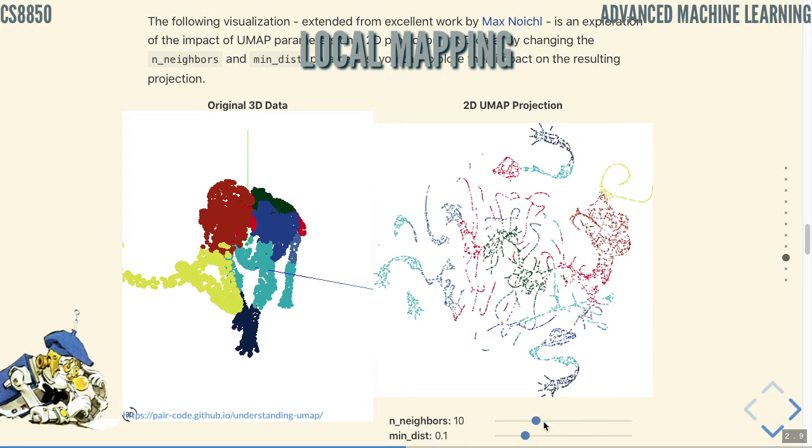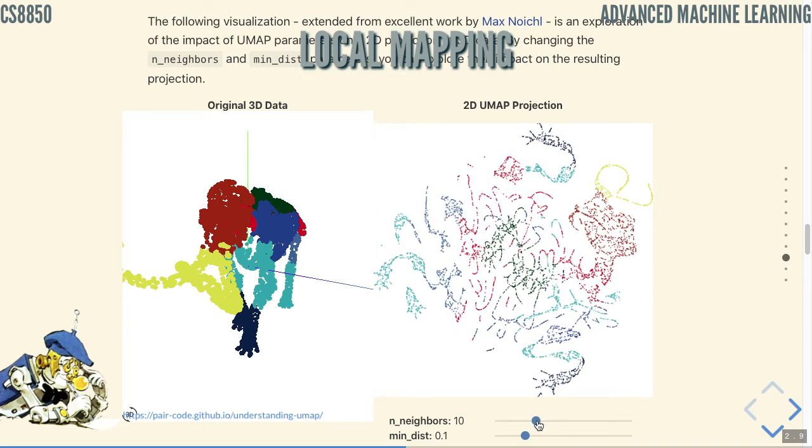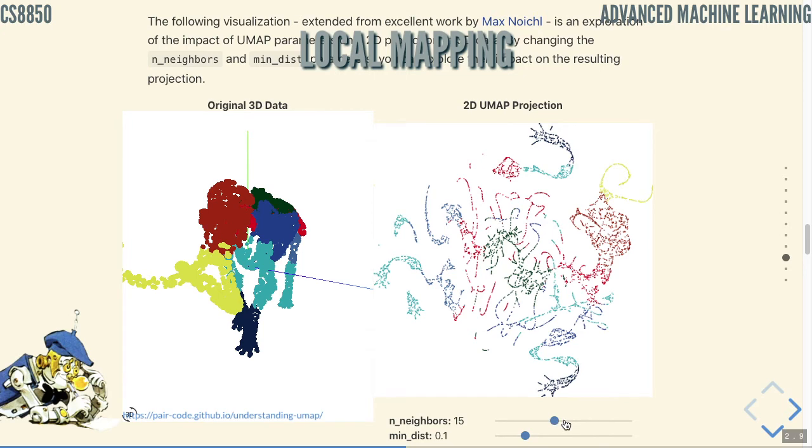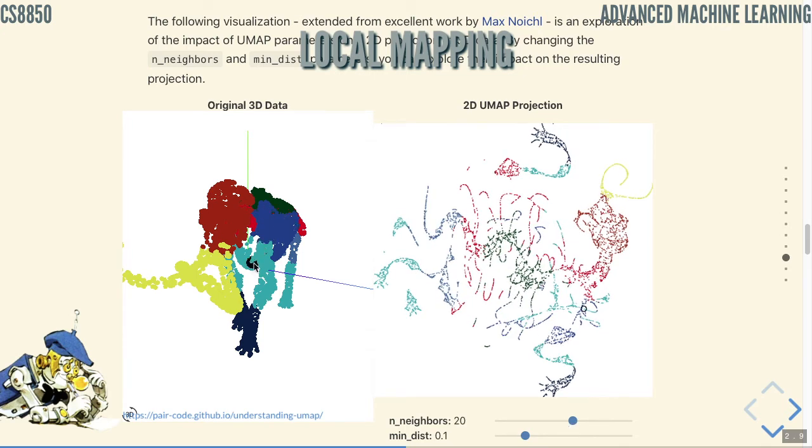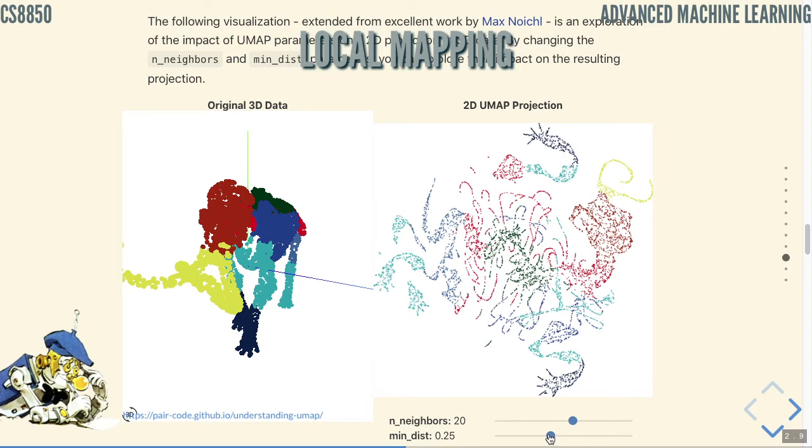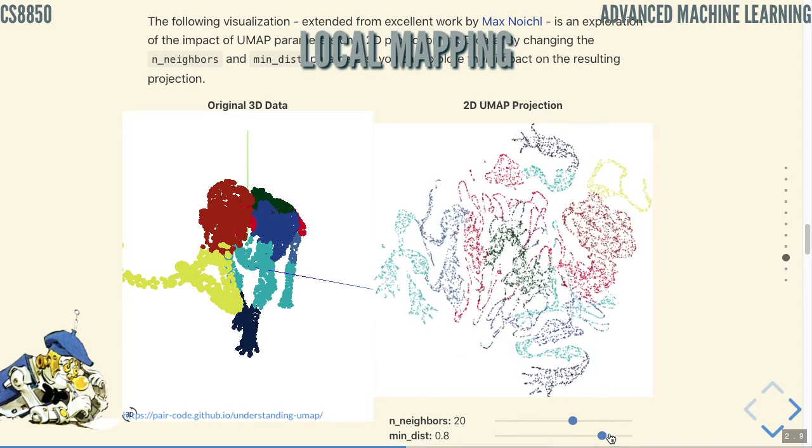There are a few parameters we can vary, like the neighbors that are participating, the decision of what is the neighborhood that is locally linear, which we're flattening out. As you see, the points like the tusks and the poles got separated. But if you increase the minimum distance, you get a different picture.